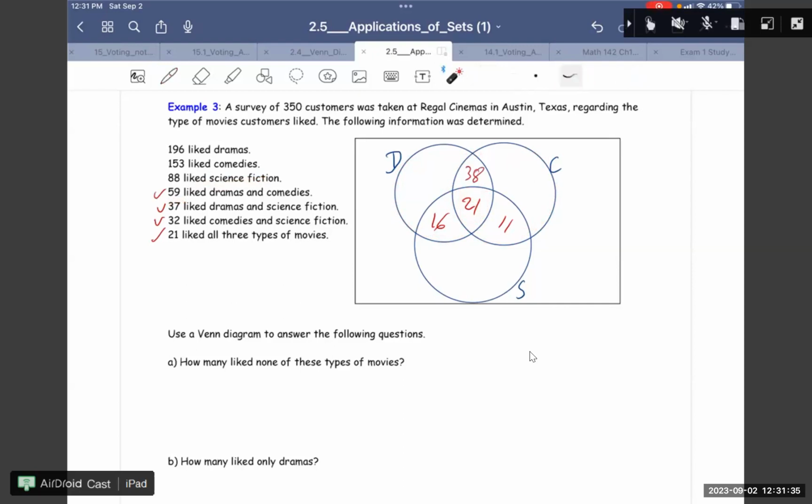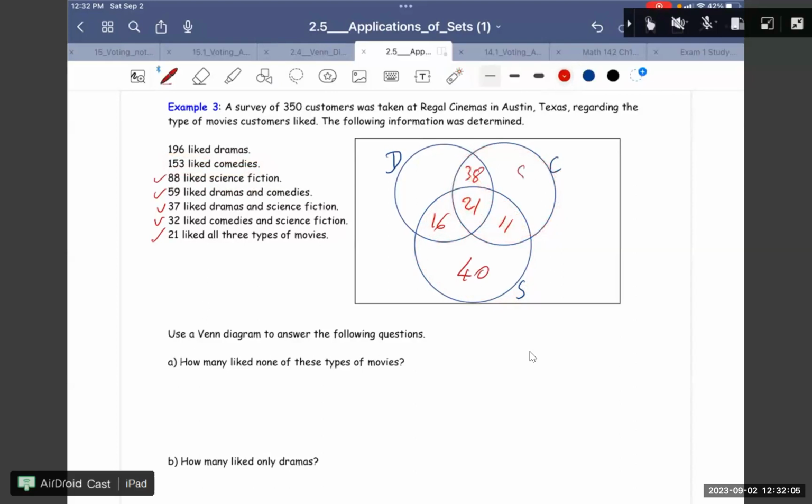Now 88 like science fiction. So 88 minus 16 minus 21 minus 11. So we have 40 people that like only science fiction. And then 153 like comedy. 153 minus 11 minus 21 minus 38.